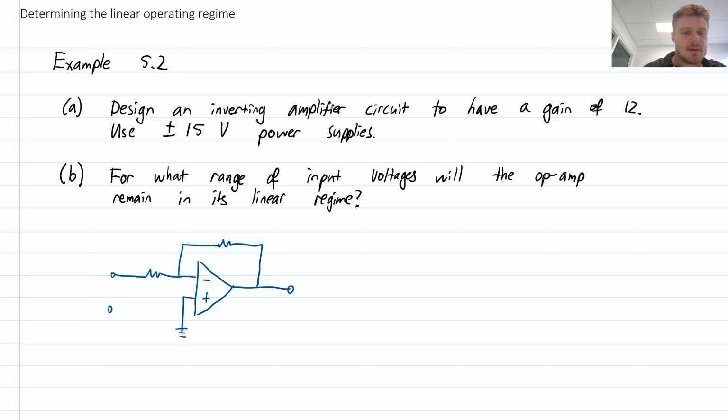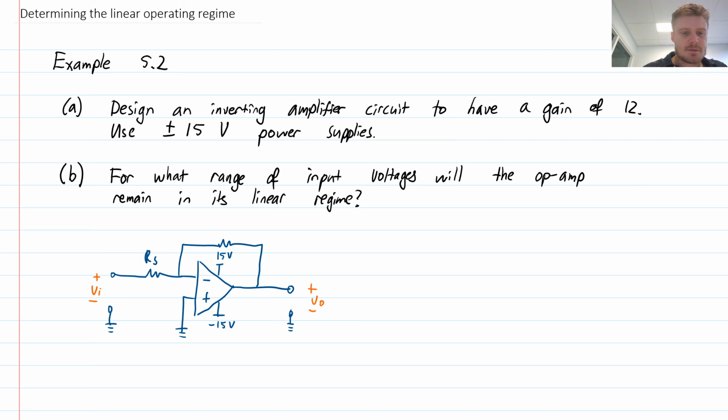And there's an input voltage, which is defined with respect to ground. So our input voltage is, let's call it VI, and there's an output voltage VO, and we have 15 volt power supplies. So we have a 15 volt rail at the top and a negative 15 volt rail at the bottom.